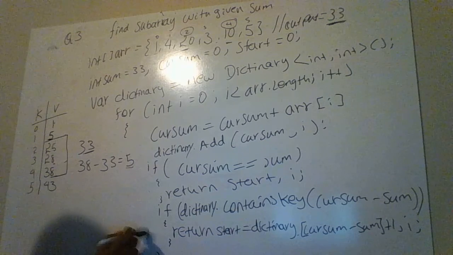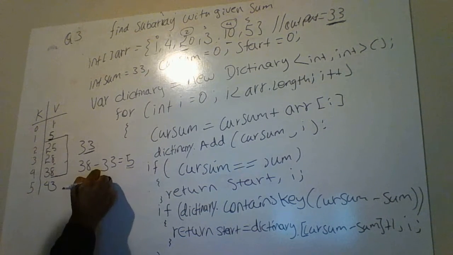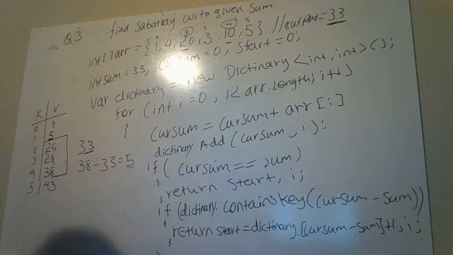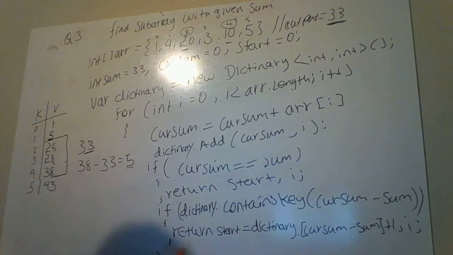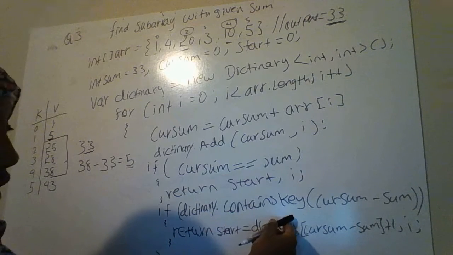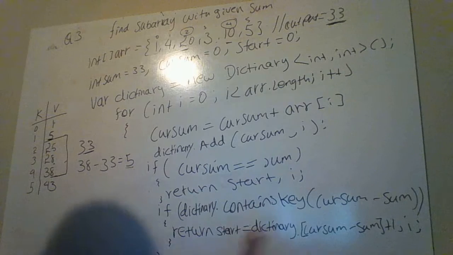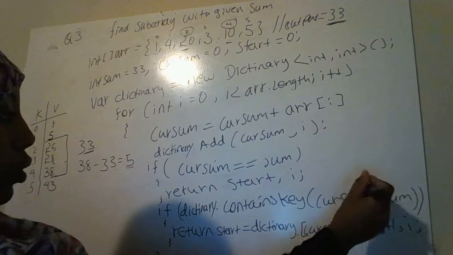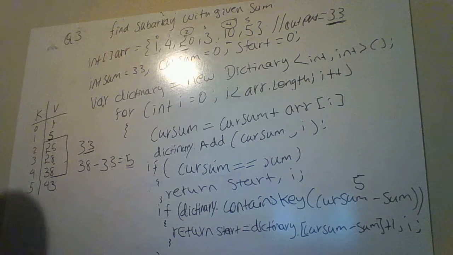This is the step where I was subtracting the 38 minus 33 to find which index has 5. So to do that, I have here: if dictionary dot contains key current sum minus sum, which was 5, does my dictionary have a key that was 5?